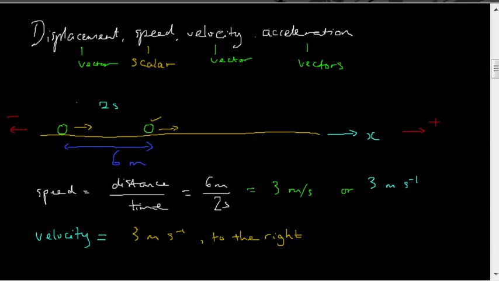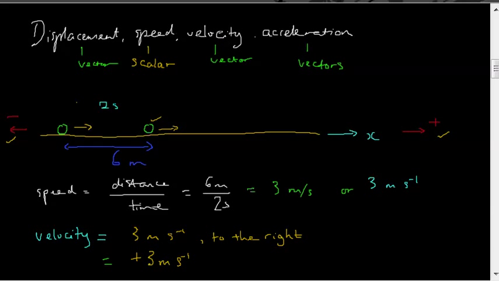Now there's another way to do this. Since I've decided to call the right hand side the positive direction and the left hand side the negative direction, I can use this sign to tell me that direction. So instead of writing to the right in words, I can say plus 3 meters per second.